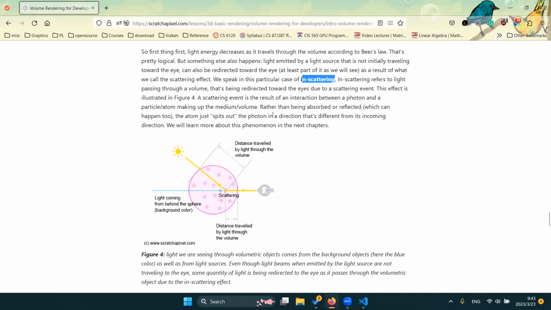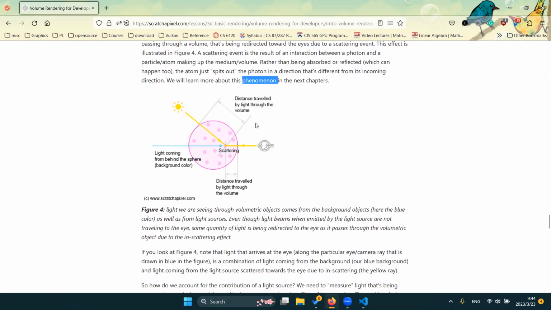So in scattering, the chance of light along the ray going to the camera, the chance of it being scattered towards the viewer, depends on how long it takes to get to that point on the ray, because the longer it has to travel, the less likely it is to get that far, which compounds with the chance of how likely it is to be scattered towards the viewer.